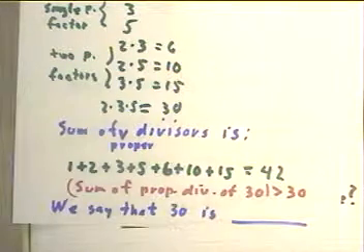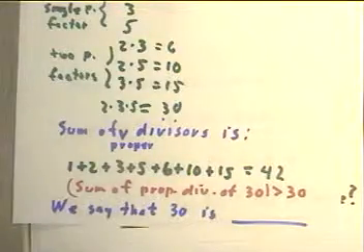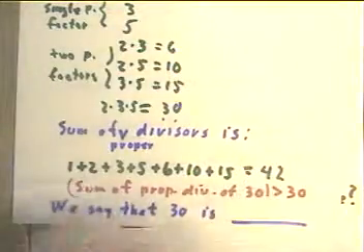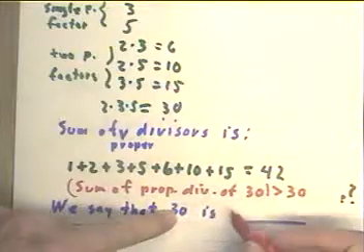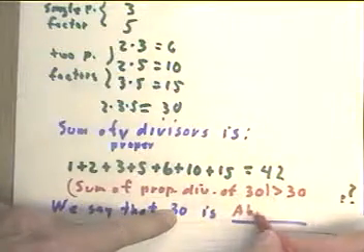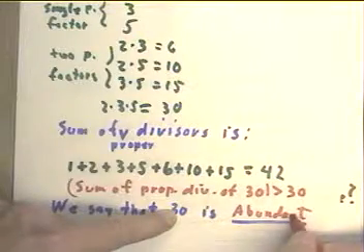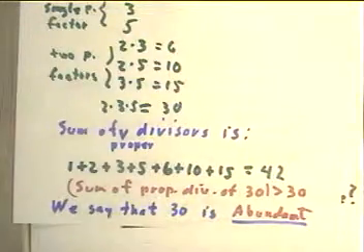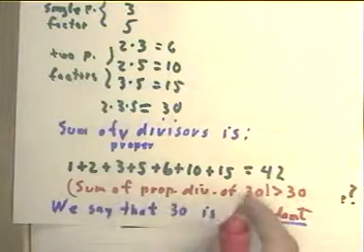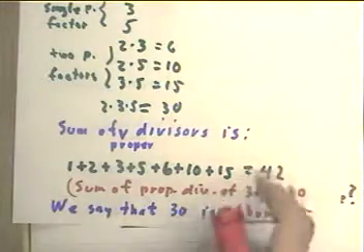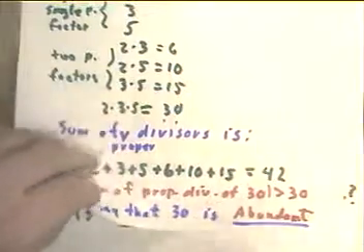And the name we give to having enough divisors, and there are enough big ones, we say that that number is abundant. We have an abundant set of divisors because they add up to more than the number. 42 is bigger than the number that the divisors came from.